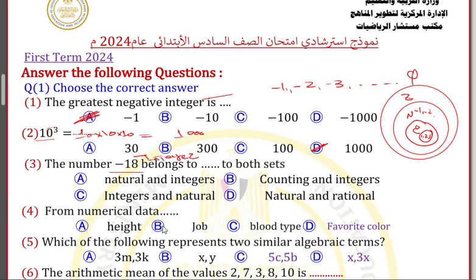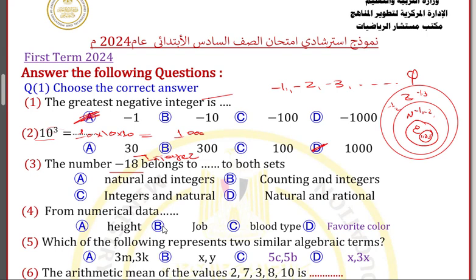So Z has -18. Also Q has -18 because Q has fractions and decimals, -1.3 for example, negative half, or -quarter, anything like this.